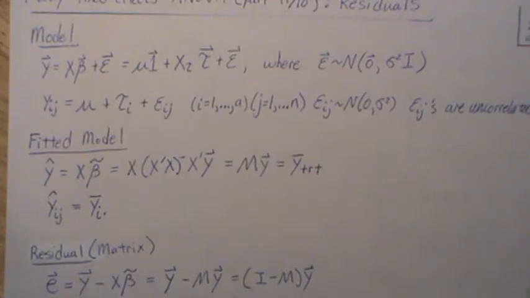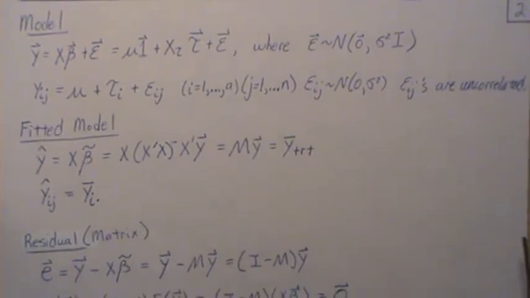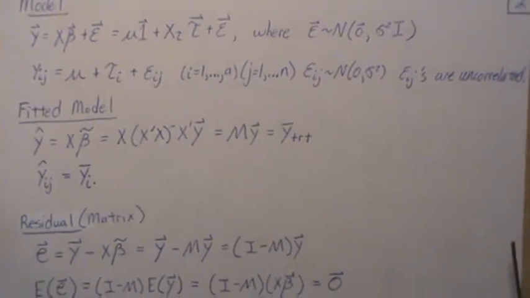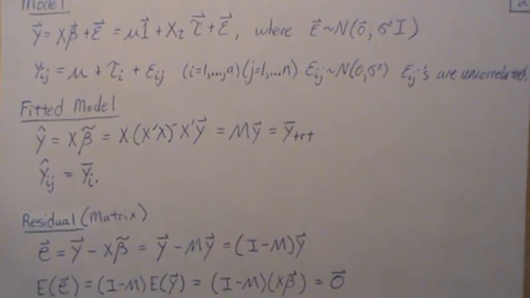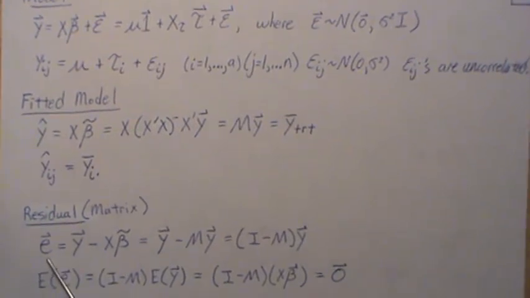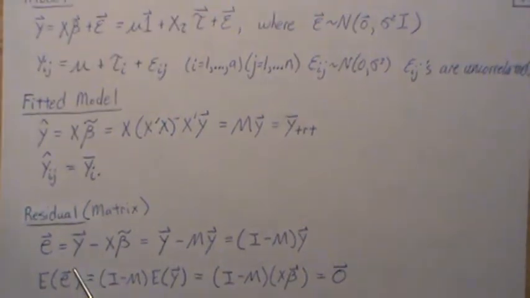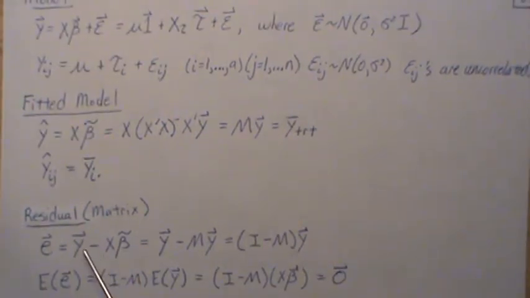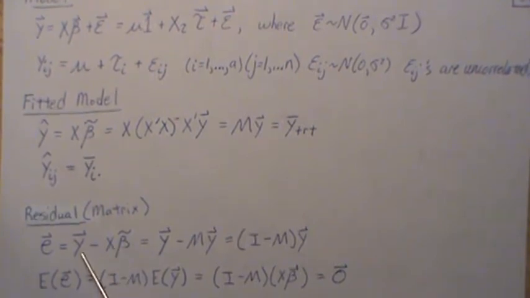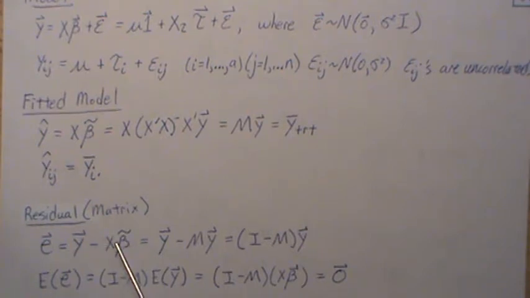Now we're going to look at the properties of the residuals. First we're going to do it in matrix notation, then we'll do it in scalar notation. So we let e, the vector e, be the y values minus their respective fitted values. We hope that these match exactly, but of course they don't. There are fluctuations about this linear model, and those are the errors, or the residuals.